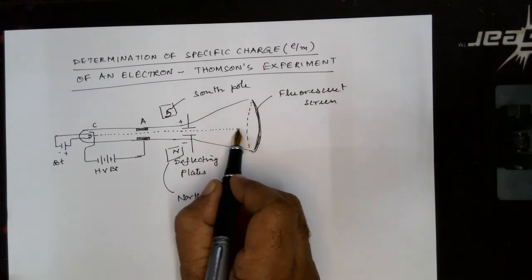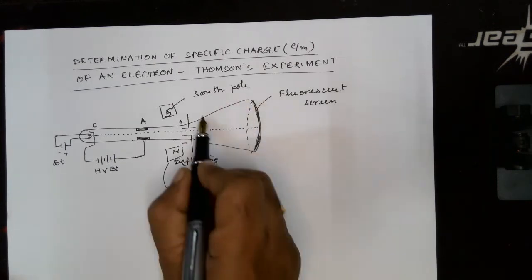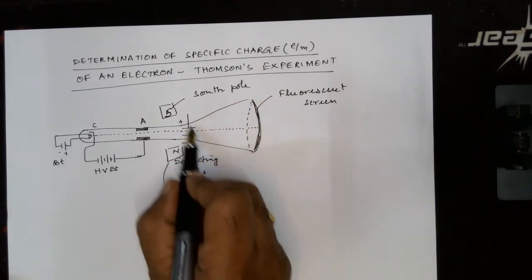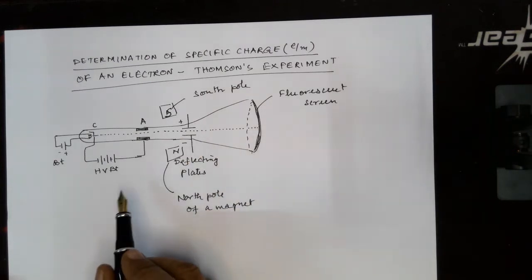If there is no current in this deflection plate, it goes straight.